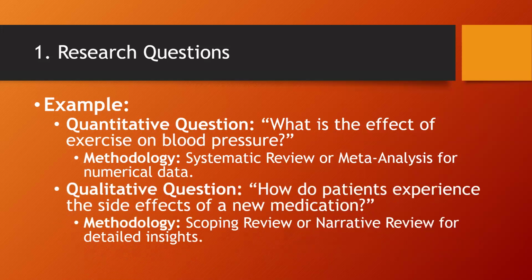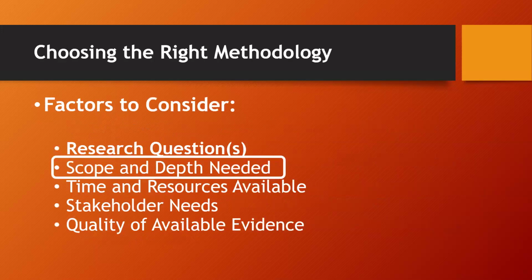Another example: how do patients experience the side effects of a new medication? Here we can use a scoping review or a narrative review for detailed insight. So this is one factor to be considered to choose the right method.